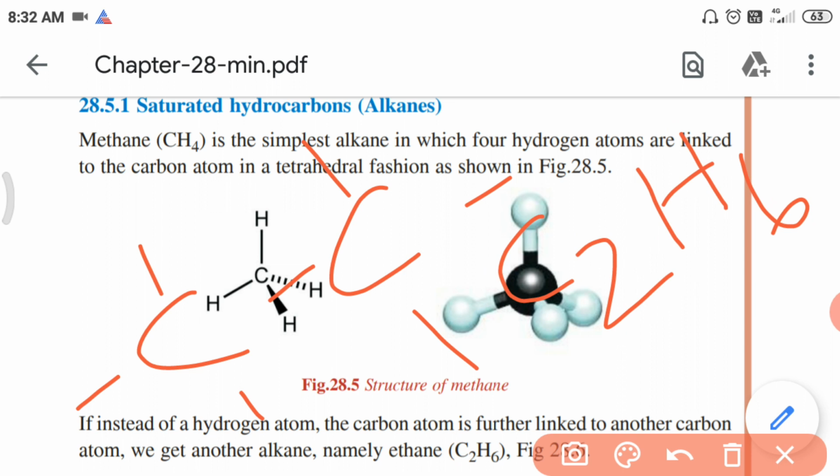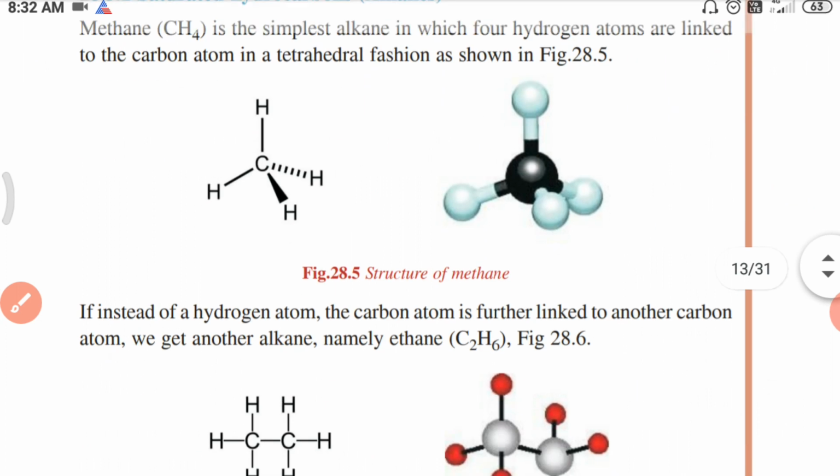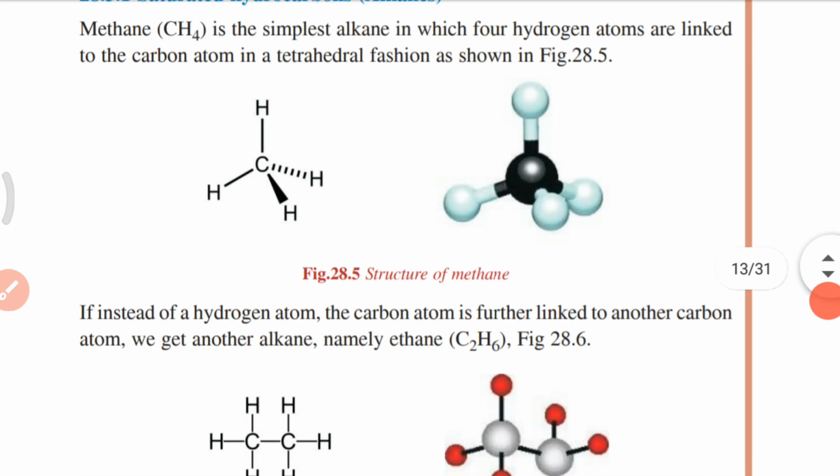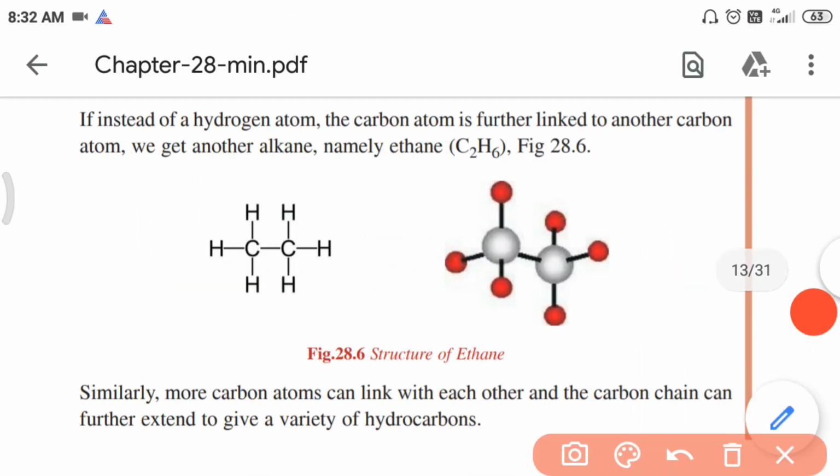It's another compound. It's also a saturated carbon compound. Saturated carbon compounds are known as alkanes. If it contains only one carbon atom, it is methane. If it contains 2 carbon atoms, it is ethane. The structure of ethane is shown here.